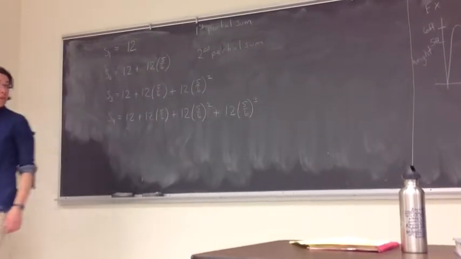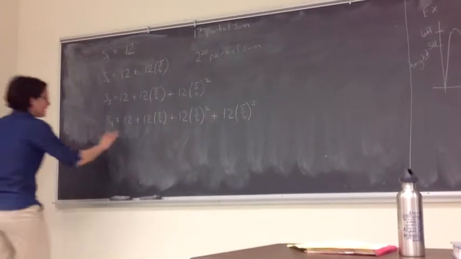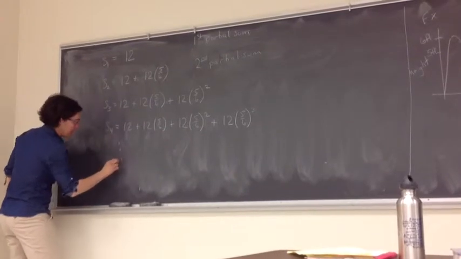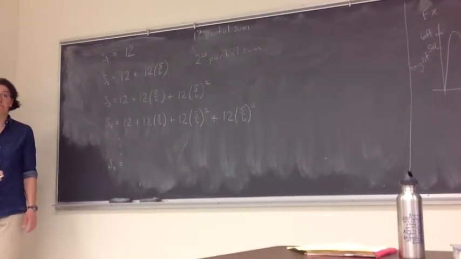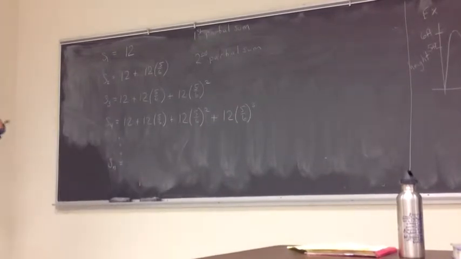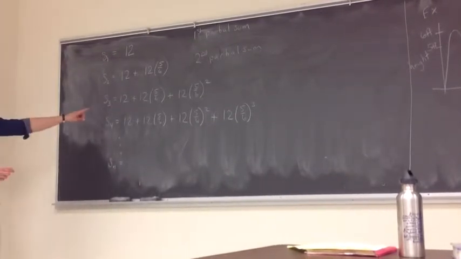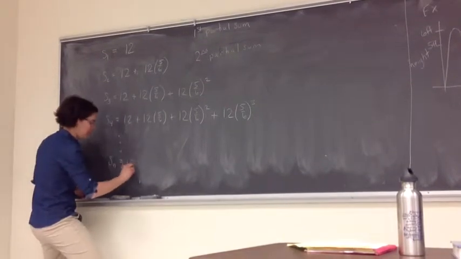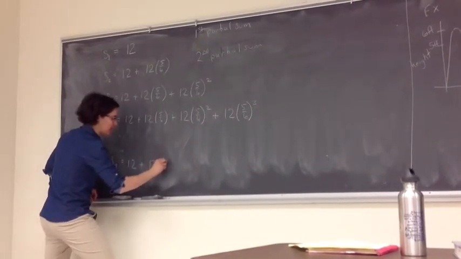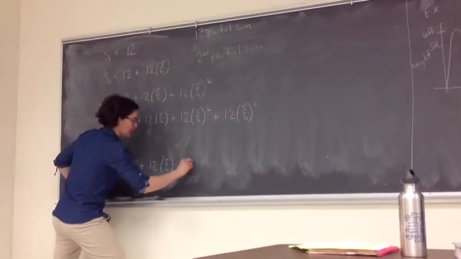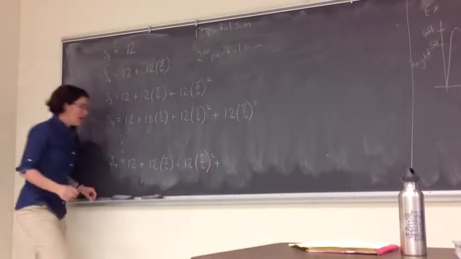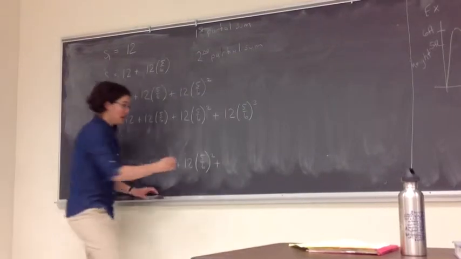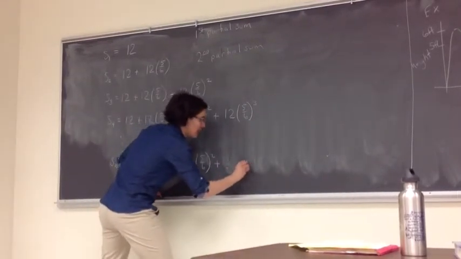And so on. If I keep going with this, I can eventually come up with a formula for the nth partial sum. So let's think about what's happening here. We've got 12 plus 12 times 5/6 plus 12 times 5/6 squared, and I'm going to keep going, dot, dot, dot, but I am going to stop.